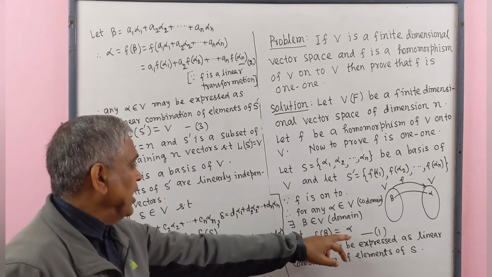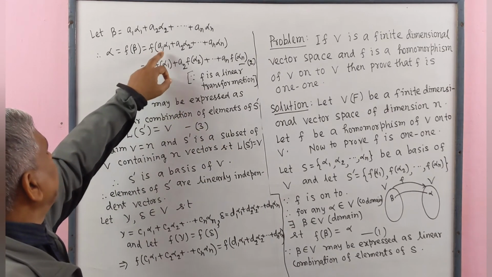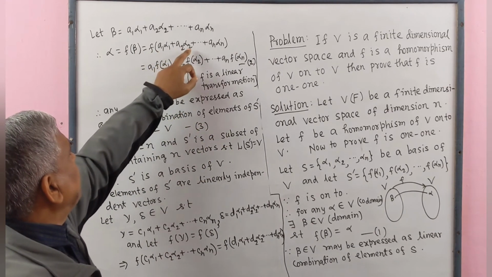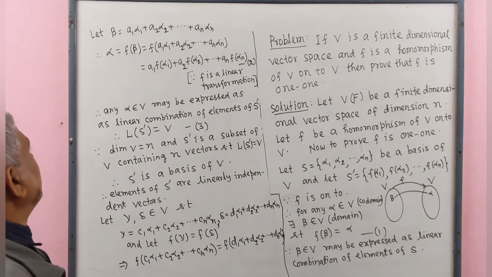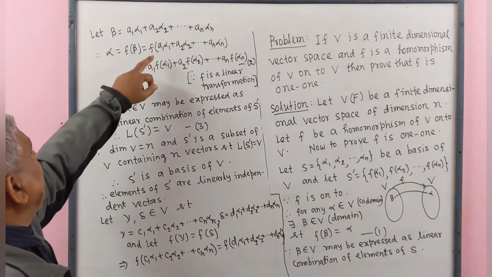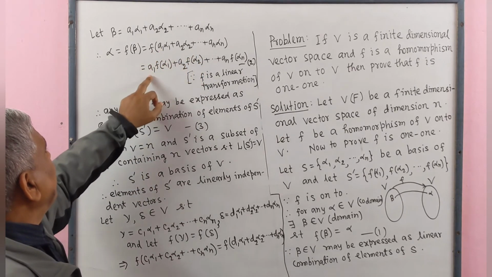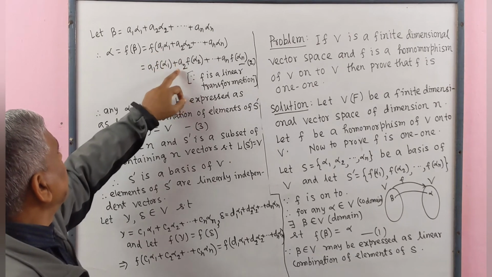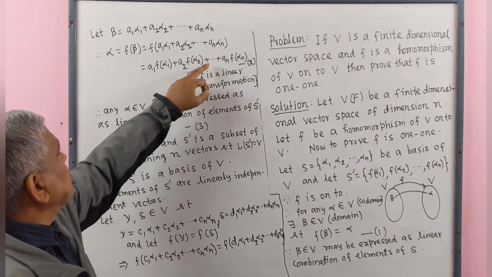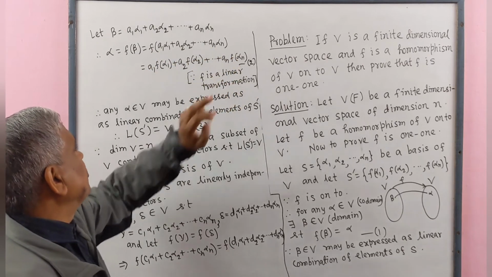Therefore we may write alpha equal to f beta, and beta equal to a1 alpha 1 plus a2 alpha 2 plus ... plus an alpha n. Since f is a linear transformation, we may write this as a1 f alpha 1 plus a2 f alpha 2 plus ... an f alpha n. This is number 2.